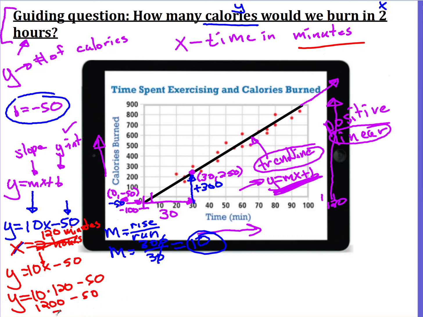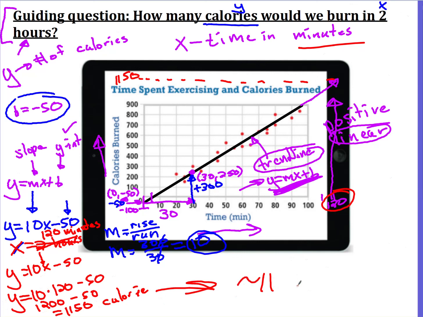And we get our prediction, maybe not exactly what you'd have, because you can see it does vary from the line a little bit, which is 1150 calories. If we just look at our graph, we predicted up here, where 120 was where we said it'd come out to, being a little bit over 1100. That seems like a pretty good estimate. So in 2 hours, based on our linear fit, creating an equation for it and plugging in our variable, we've got a prediction for 2 hours. It's approximately 1,150 calories.